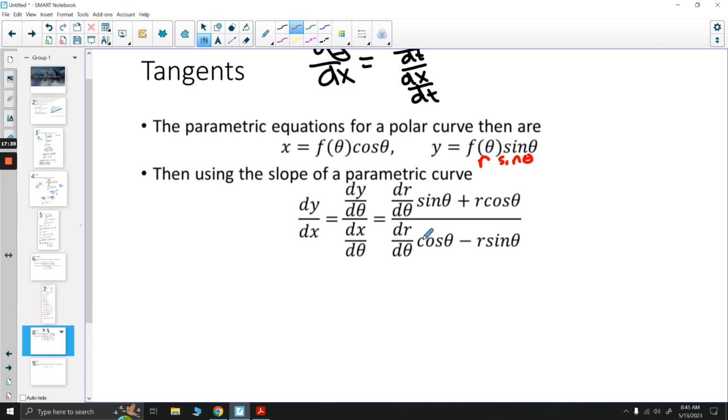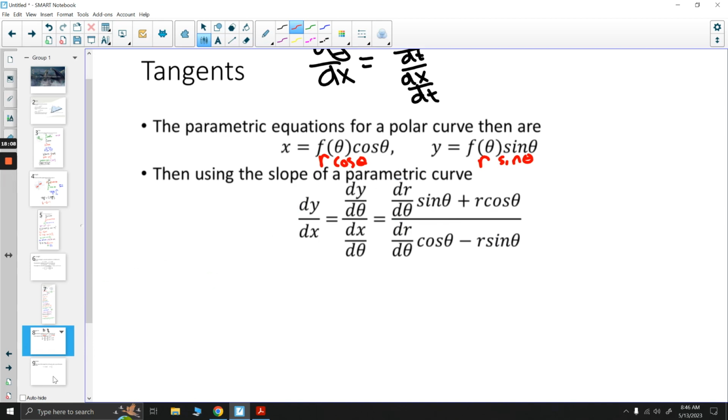Here, same thing, product rule: dr d theta times cosine theta, minus, leave r alone, derivative of cosine is negative sine, so that's where that minus comes from. So it's a plus a negative. All right, so we have this slope of a parametric curve, and it follows exactly the same as our slope of a parametric curve in terms of t, but now we're doing it for theta. So again, our polar coordinates are parametric.